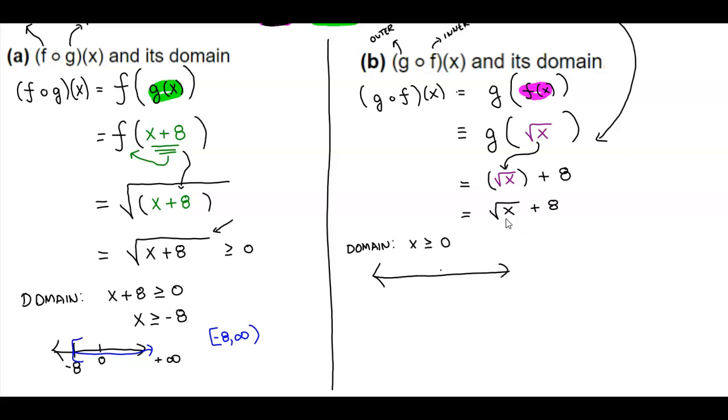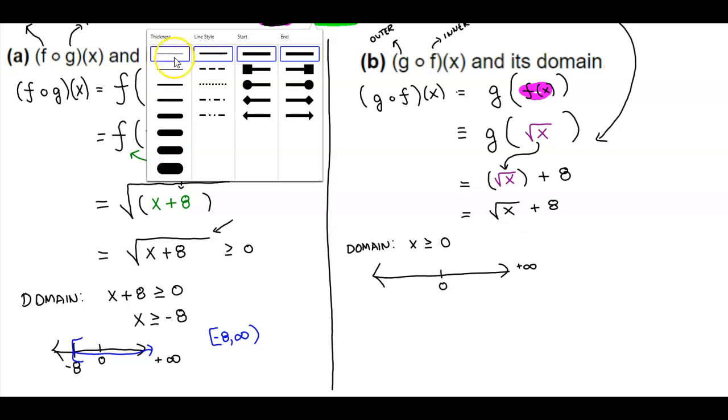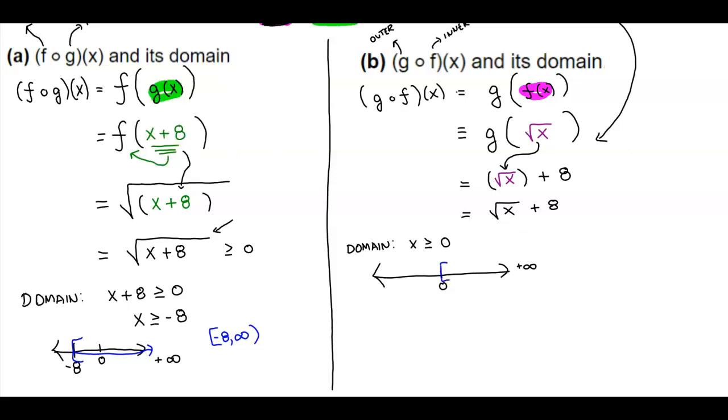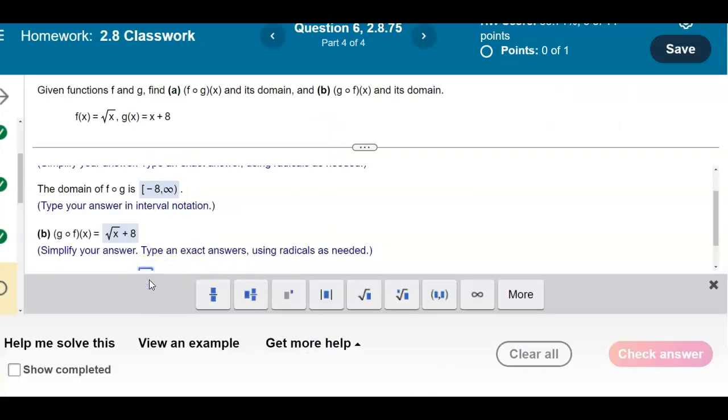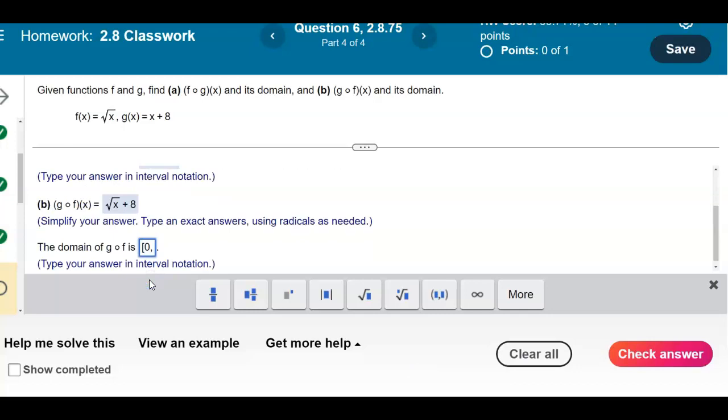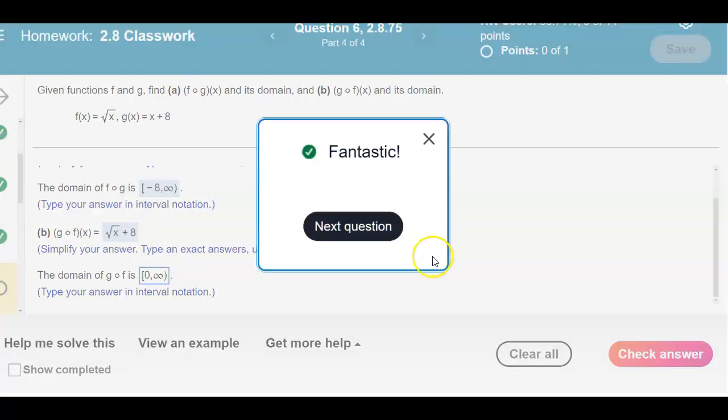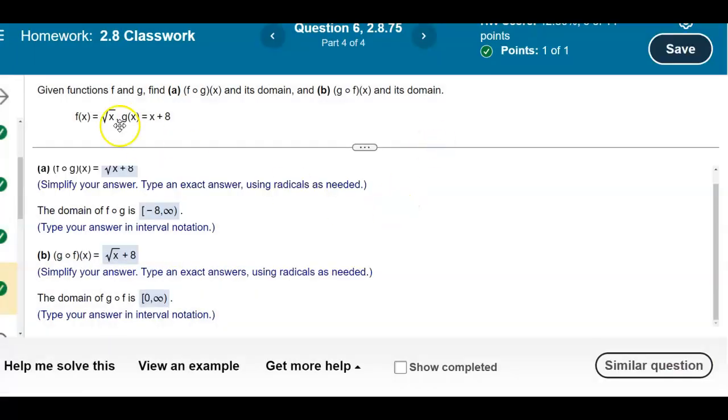If we graph this, at 0 it's going to be greater than or equal to 0 towards positive infinity. So therefore the domain is going to go from a bracket all the way to positive infinity. So we have bracket 0, comma, infinity. Let's put our answer in. Bracket 0, comma, infinity with a parenthesis. Check our answer, and there is our result.